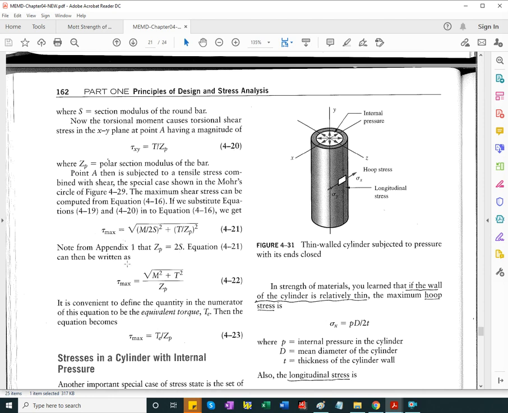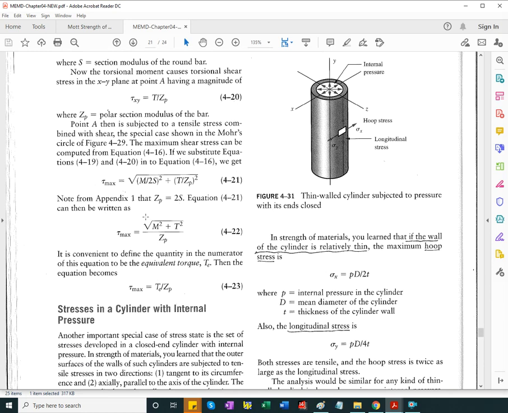And when calculating tau max, for solid circular or cylindrical shafts, we recognize this component here, which can be treated as an equivalent torque.